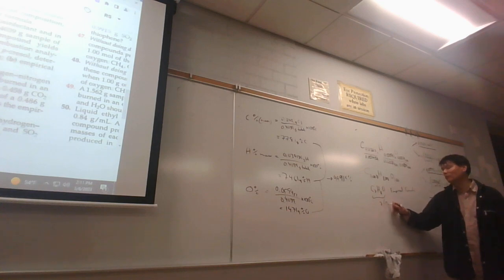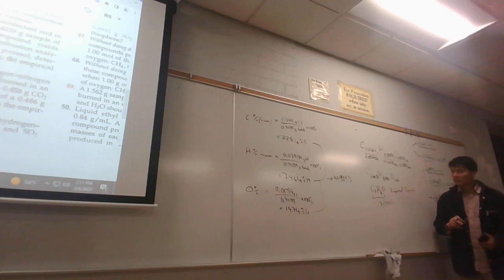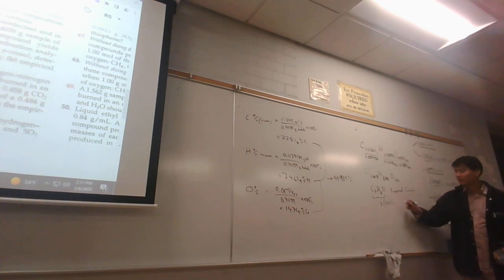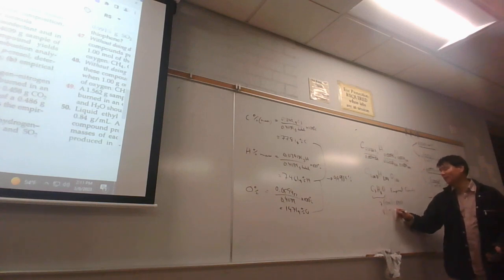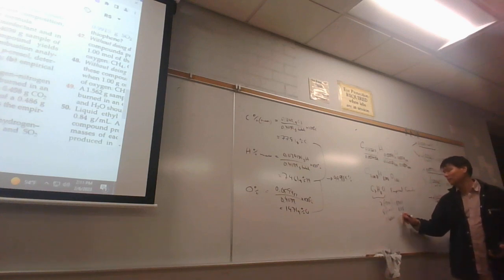That's 7 times 12.01, which is 7 times 10 is 70 plus 14 would be 84.07. 8 hydrogens at 1.01 is going to be 8.08. And one oxygen at 16.00, which is just going to be 16.00.